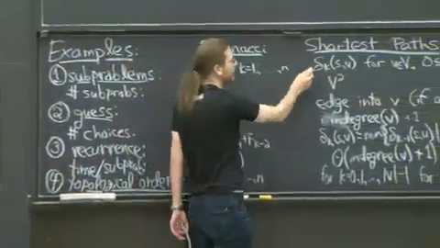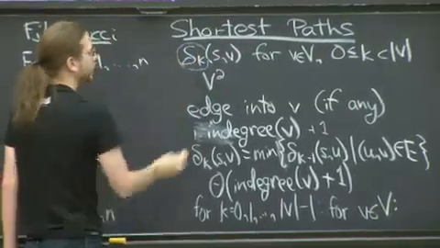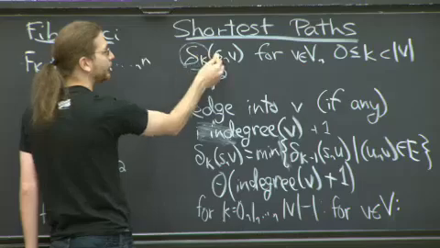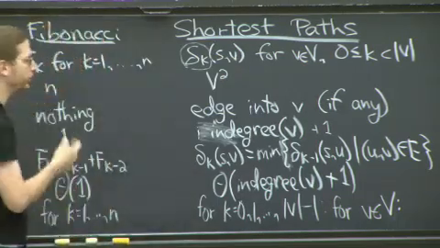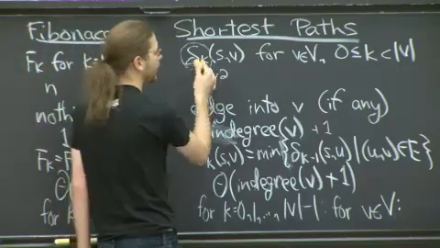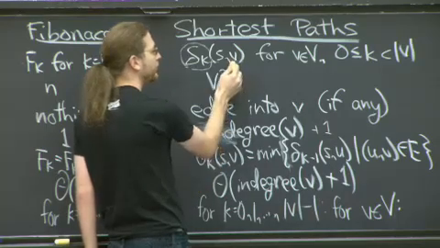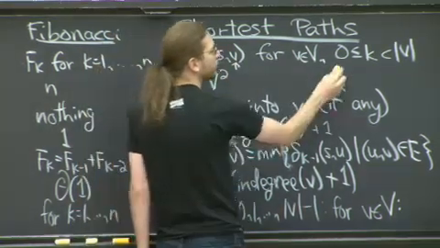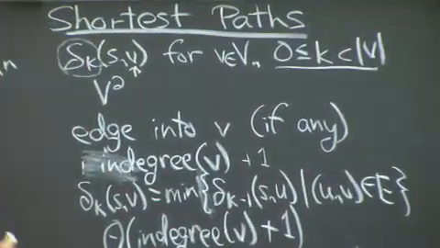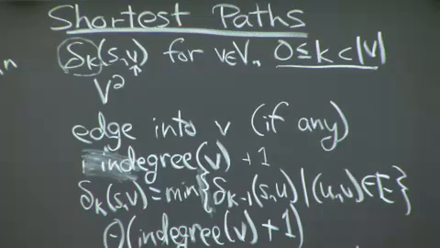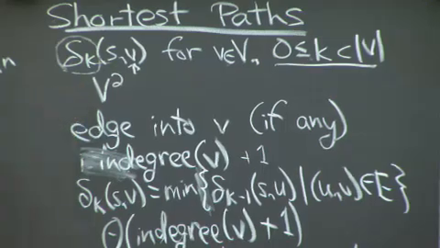For shortest paths, we defined delta sub k of S,V. This was the shortest path from S to V that uses at most k edges. That was sort of what Bellman-Ford was doing. The number of different subproblems here was V squared, because we had to do this for every vertex V, and for every value of k between 0 and V minus 1. V minus 1 was the number of rounds we need in Bellman-Ford. So it's V times V, V squared different subproblems.